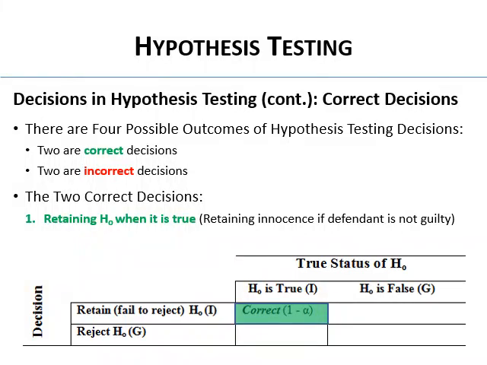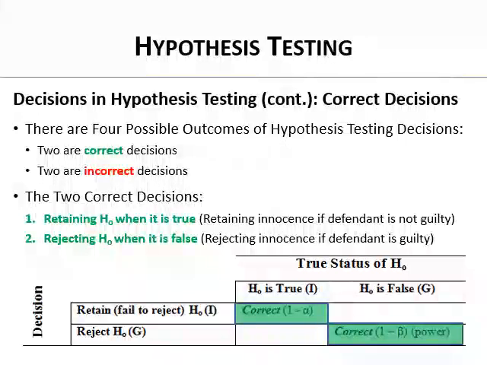The other correct decision is rejecting something that's false. That is like rejecting innocence when the defendant's actually guilty. So again, that box is when you've rejected a null that's false. So you've said there is a relationship, because remember the null always says there is not a relationship. There is a relationship, there is a difference between the groups, whatever it is, and in reality, there was.